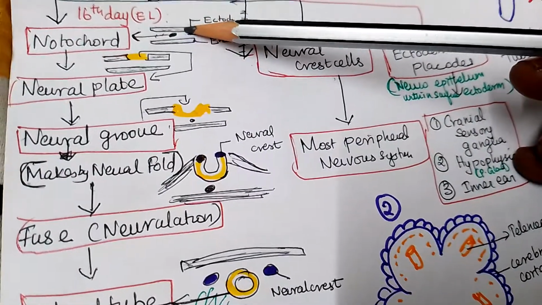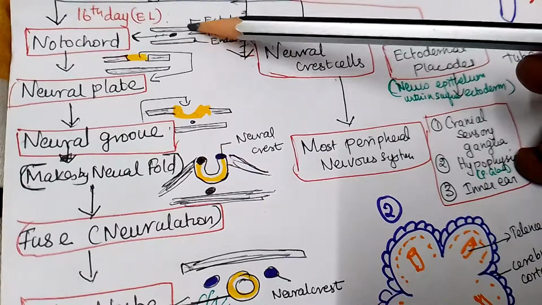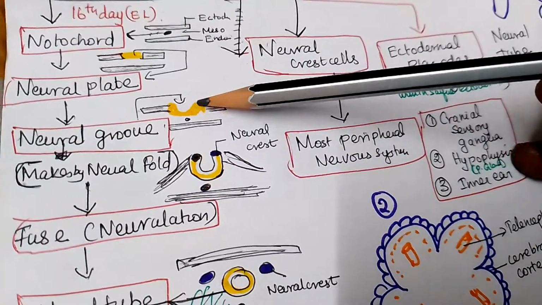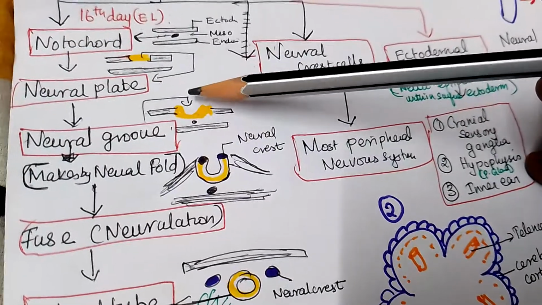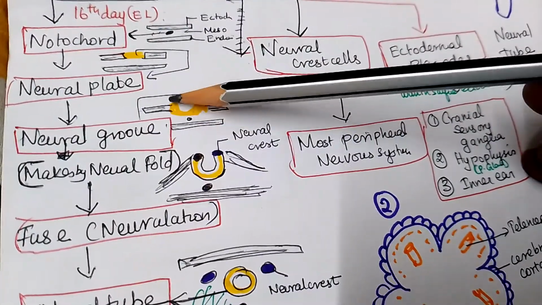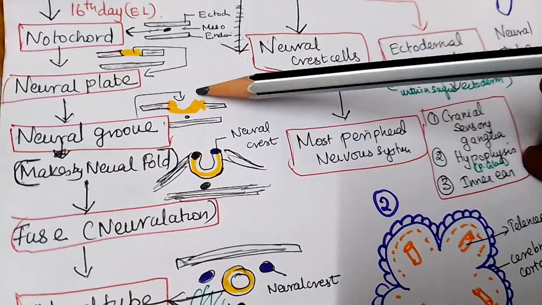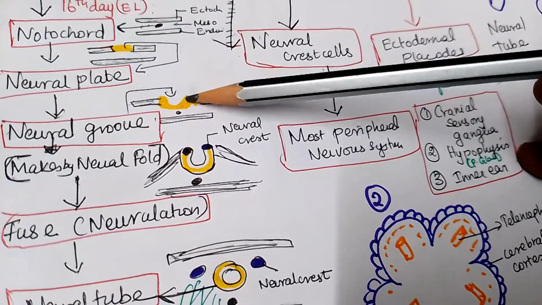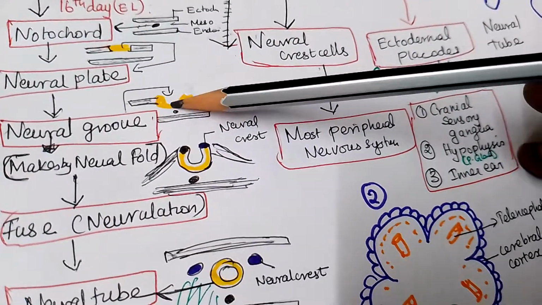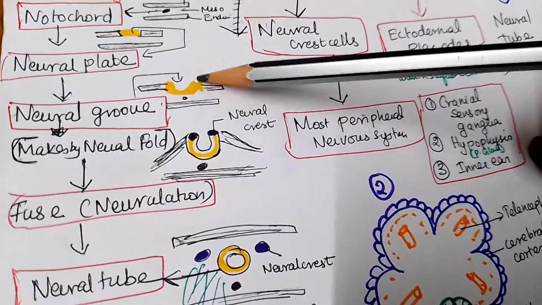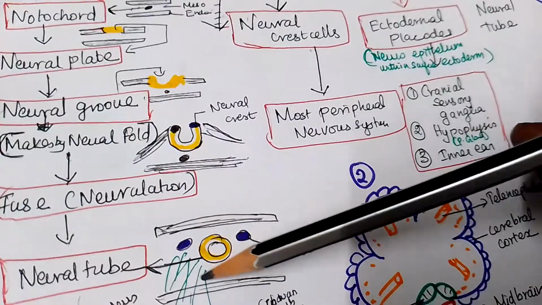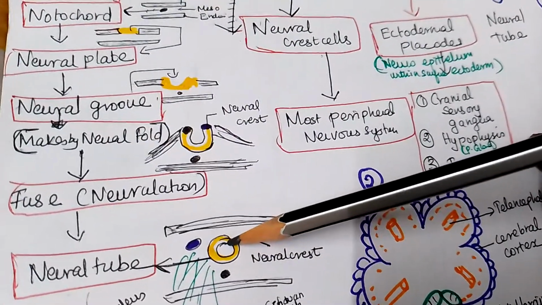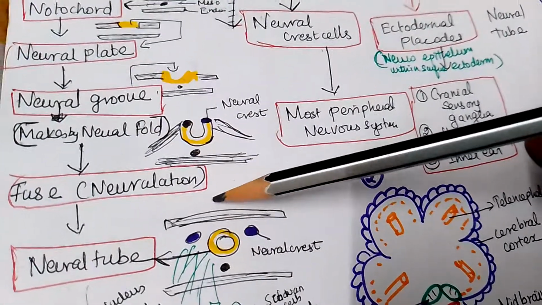The neural plate makes a small bending, like a groove. This structure forming in the ectoderm is called the neural groove. It's like a fold. Then slowly it grows and fuses together, forming the neural tube.